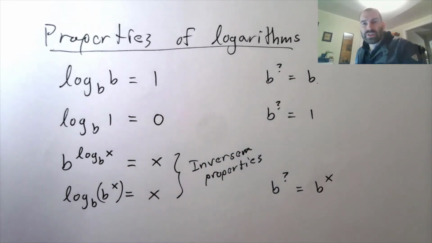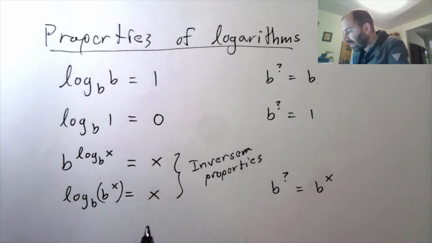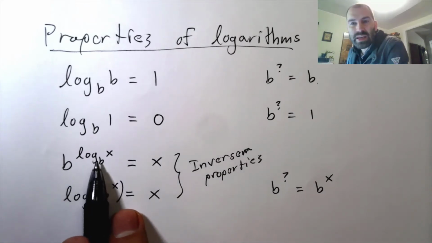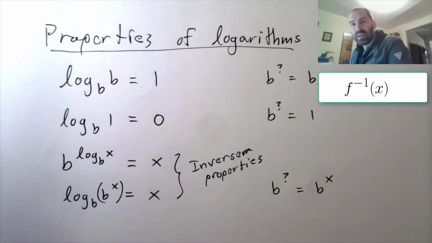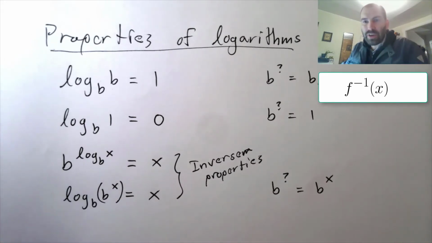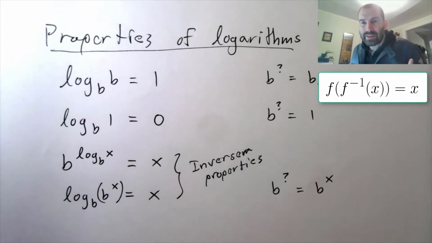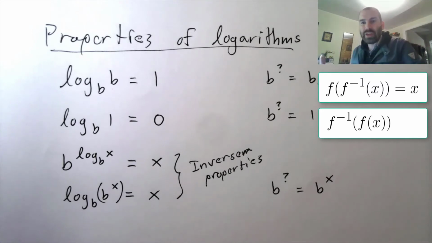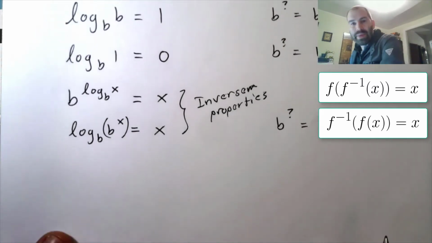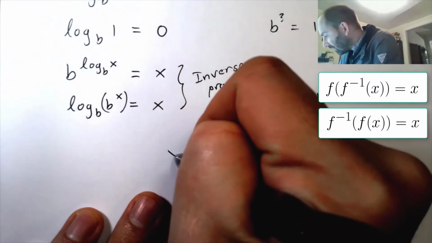Now, inverse of what? Well, this is telling us that log base b is the inverse of b to the x. So you see, if you plug the inverse function into the function, you just get x back. And vice versa. If you plug a function into its inverse, you just get the x back. Why does that make sense? Well, the inverse just does the opposite of what the function does.